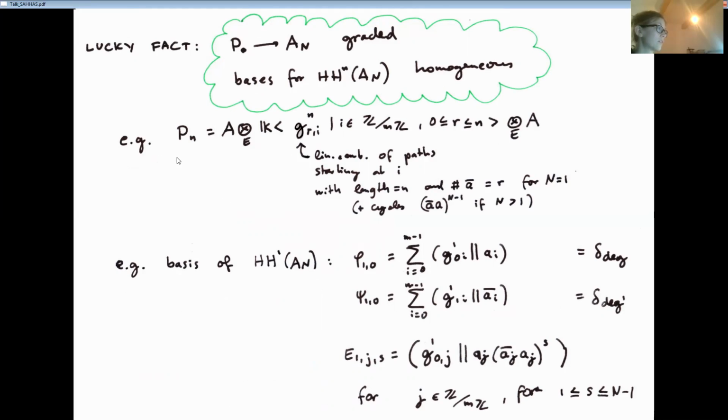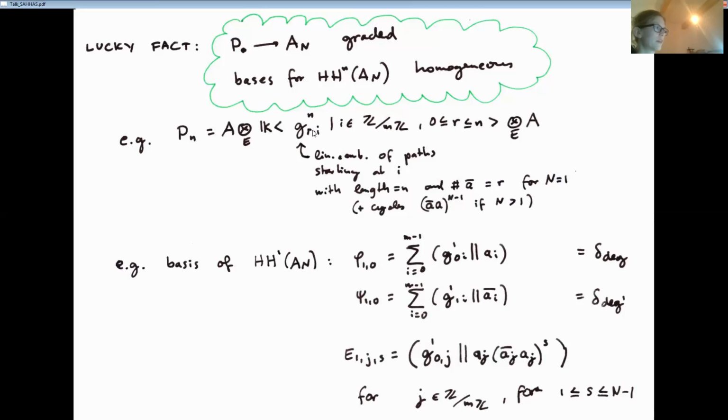First of all, this projective resolution is defined by giving some basis for the E-bimodule, where E denotes the space spanned by the idempotents attached to the vertices.